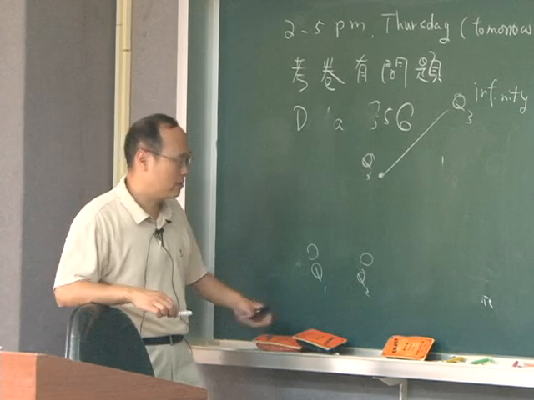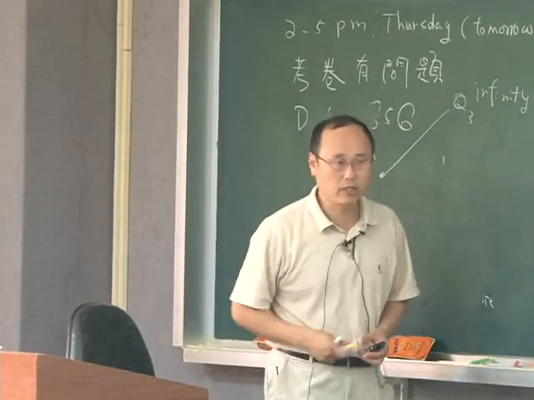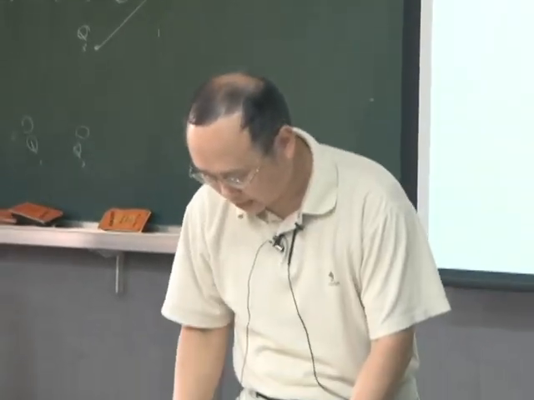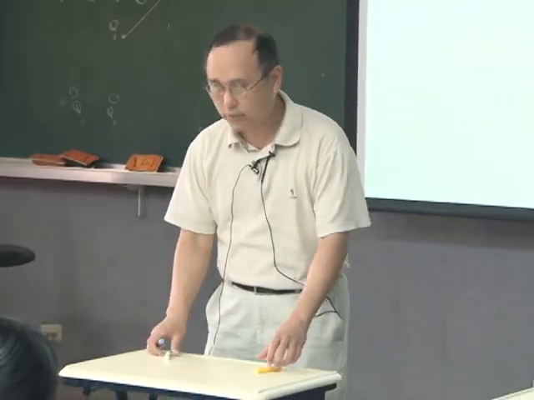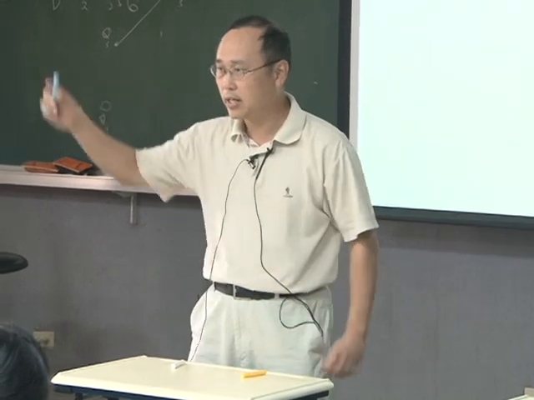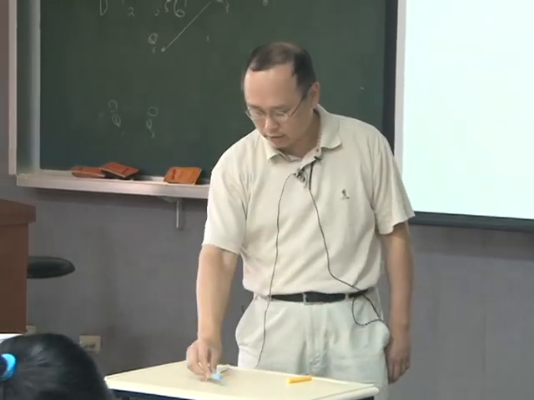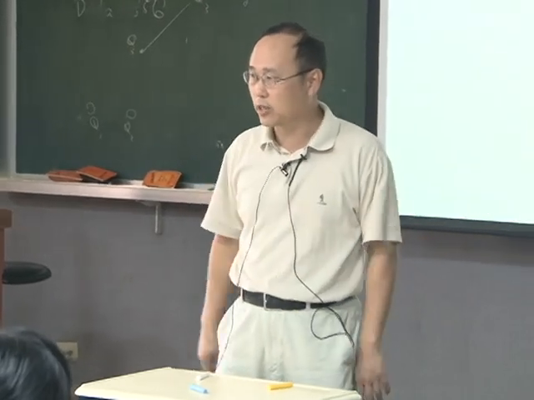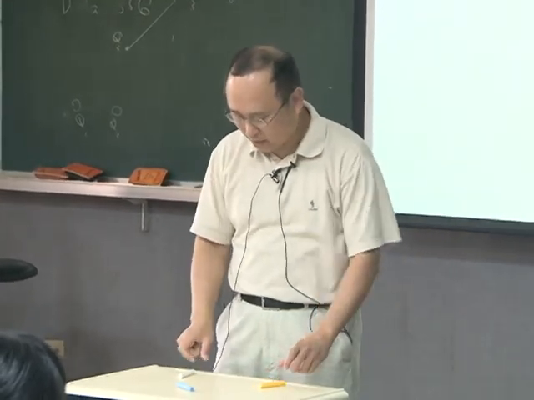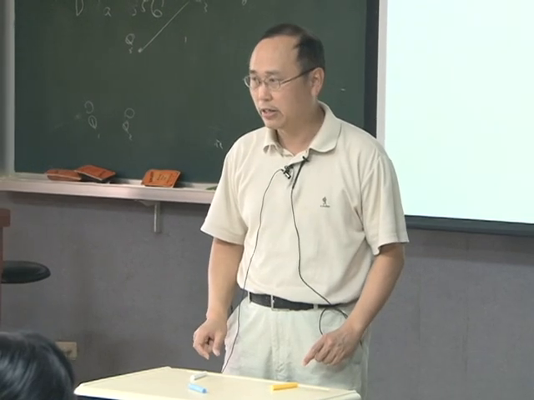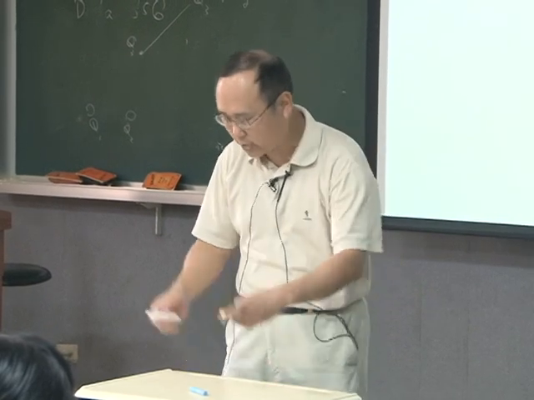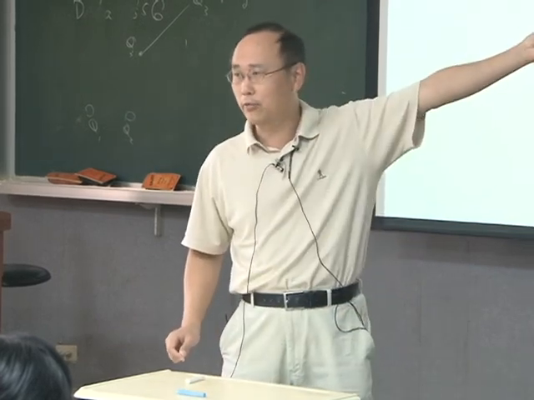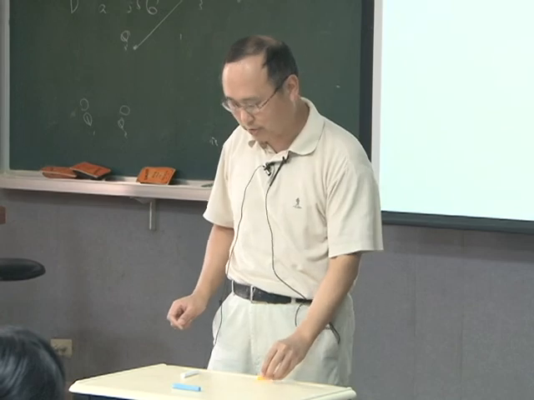所以呢，你若做这个实验的话，now you have 3 charges like this. You can first assemble these 2 and then bring this from infinity to this location. And you end up having one expression. But the whole system, in fact, is symmetric. So I can first put these 2 charges here and bring this from infinity to this location.